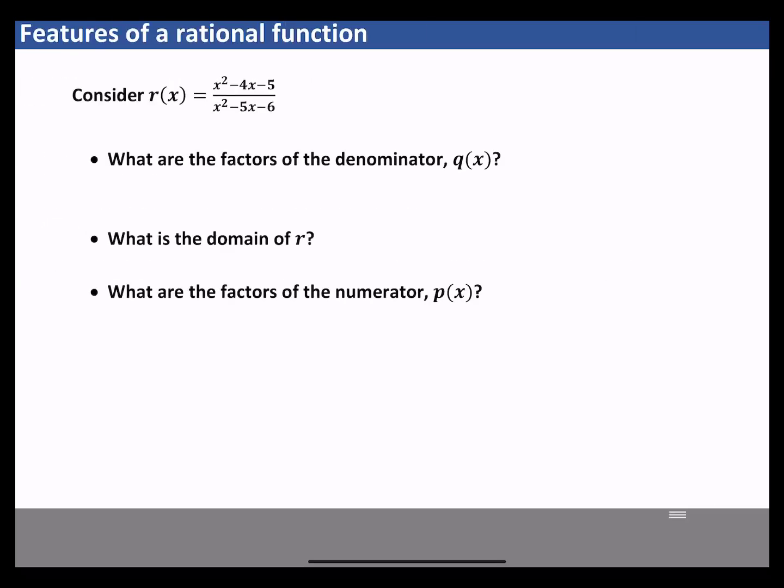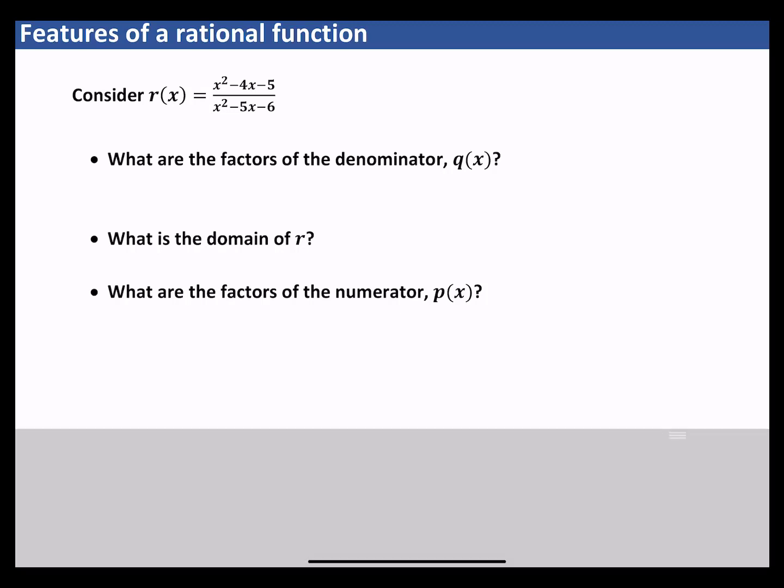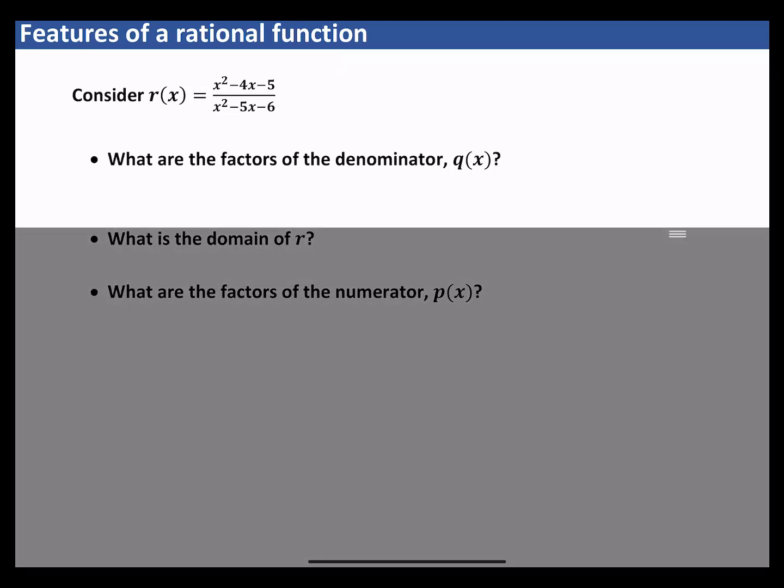Consider r of x equals x squared minus 4x minus 5 all over the polynomial x squared minus 5x minus 6. We'll start by finding the factors of the denominator. So we know x squared minus 5x minus 6 factors to x minus 6 times x plus 1.